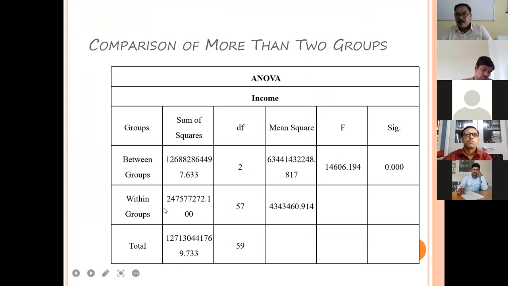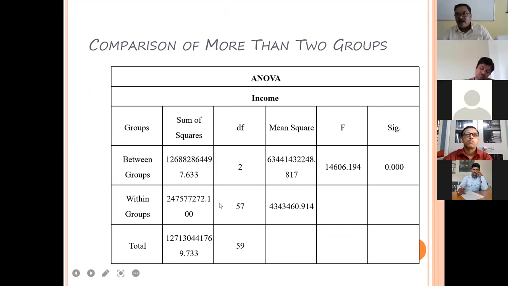Theoretically, what ANOVA does is it calculates the variances. It calculates the variances of each sample with the other samples, with the group, and with the total.